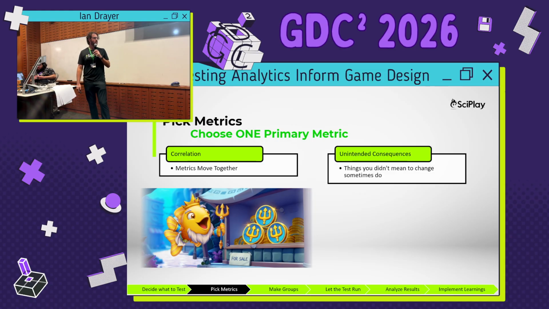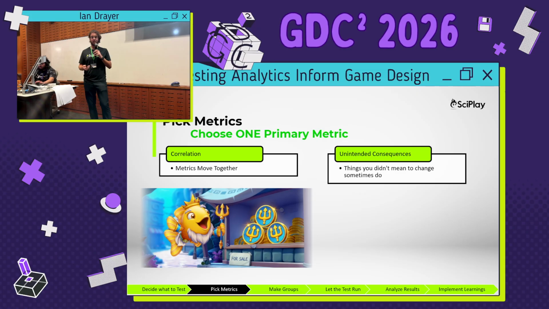Some of your tests might have unintended consequences, and so consider some metrics that might not be directly related to what you're changing. So even if your spins per spinner went up, maybe your minutes went down.